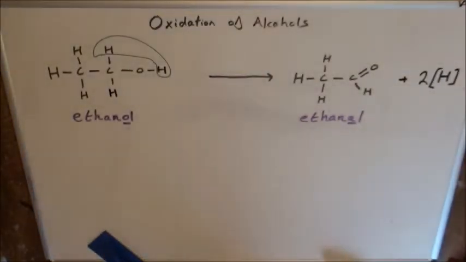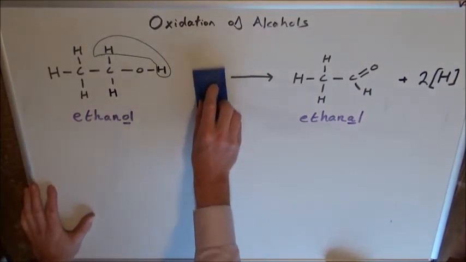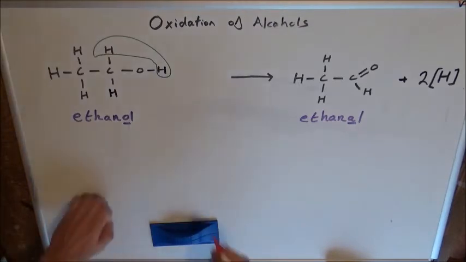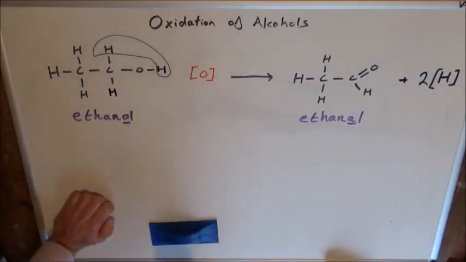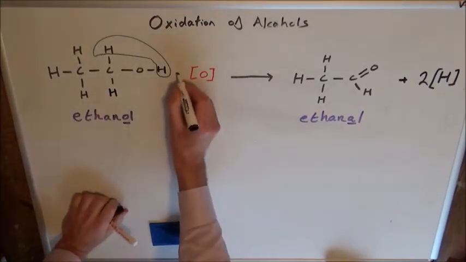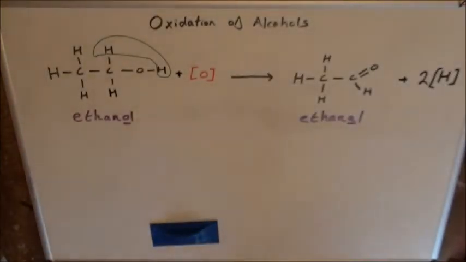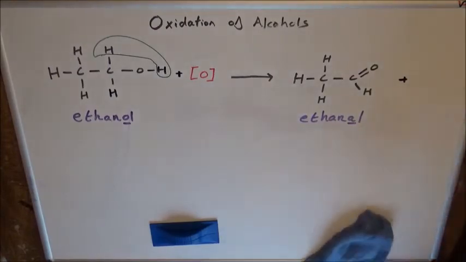Now, the way you're shown to write this reaction in the textbooks, and I'm sure you'll be shown at school, is to put an oxygen atom in square brackets. So that's to represent the oxidant that you're using, and that oxygen atom then combines with the two hydrogens to make a H2O molecule.